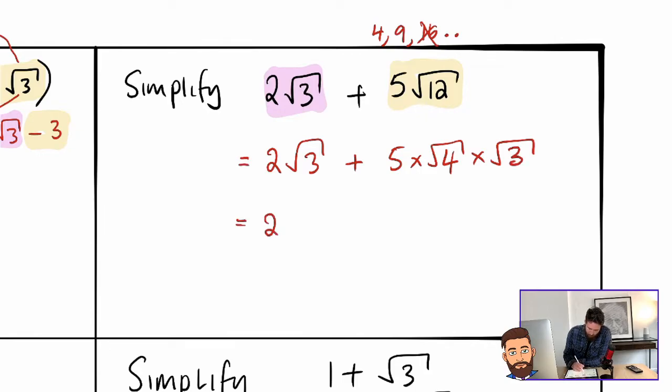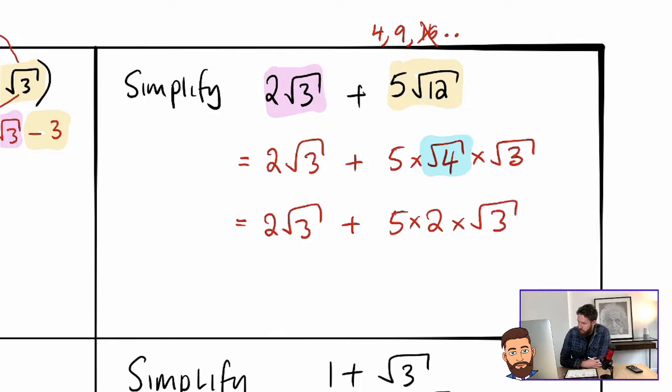We've got 2 root 3 plus, well, what is root 4? Why do we always want to get it as a square number? Because root 4 simply goes to 2. So we've got plus 5 times 2 times root 3. And again, we can simplify some more. We've got 2 root 3 plus, well, what would 5 and 2 go to?